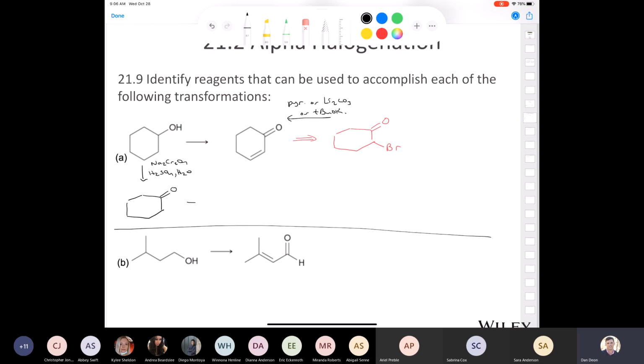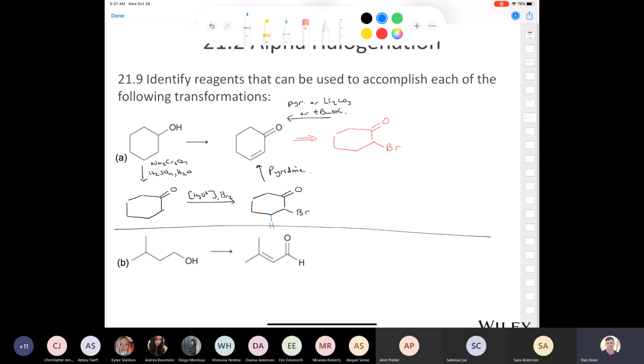And then David says, next, why don't we treat that with a catalytic amount of acid and bromine? Then we'll end up with this compound, like this. And when we treat that with a base like pyridine, the mechanism of that elimination is going to look something like this.